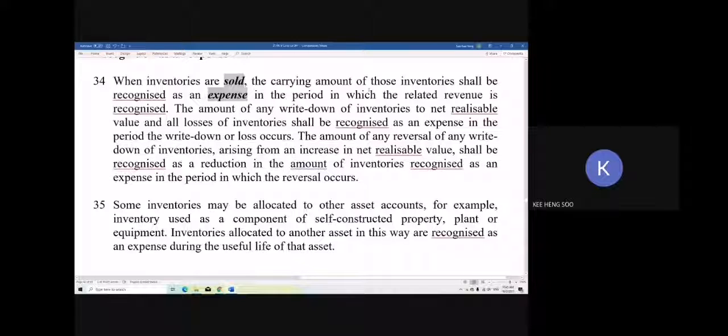So expenses, you must have the related revenue.